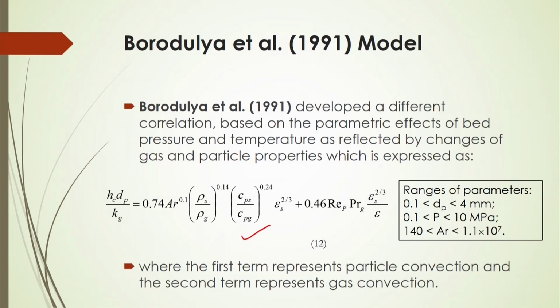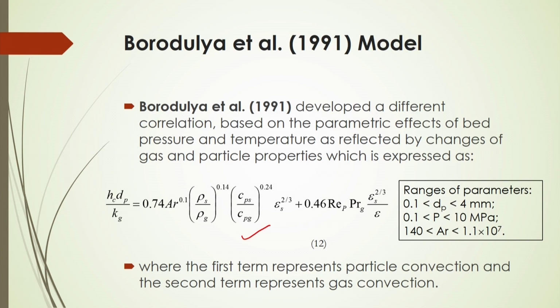This equation is valid only within the range of 0.1 to 4 millimeter of particle diameter, pressure within 0.1 to 10 megapascal, and Archimedes number within the range of 140 to 1.1 times 10 to the power 7.